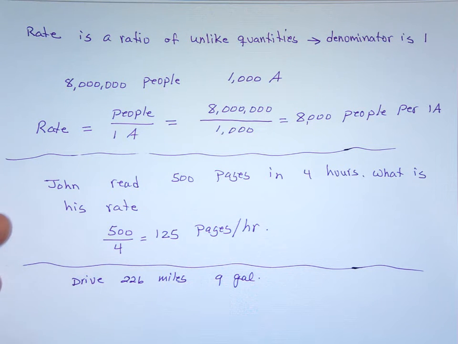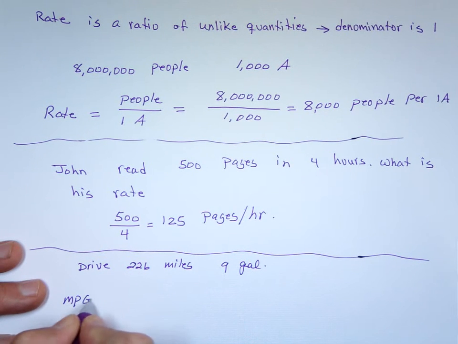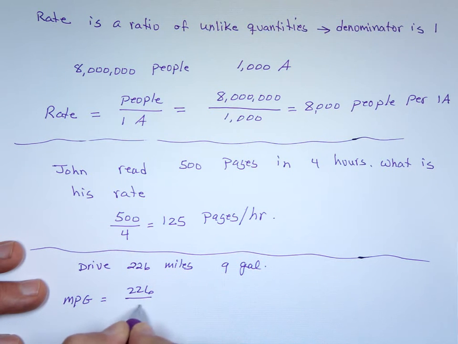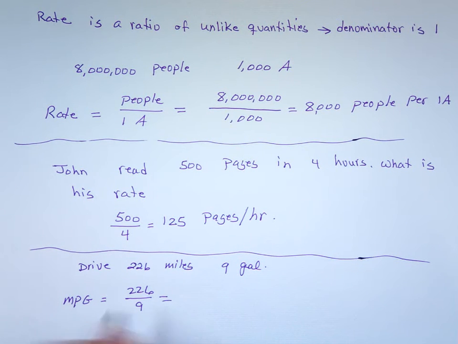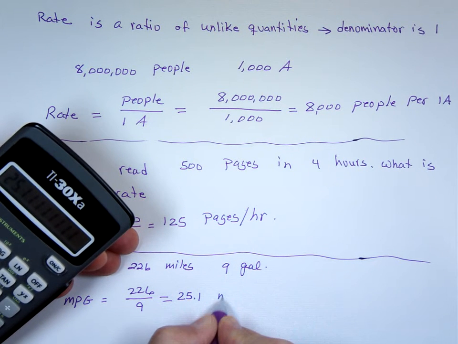So your car gives you a rate. Your miles per gallon is the 226 miles divided by what? 9 gallons. And divide them. That's the rate. 226 divided by 9, which is 25.1 miles per gallon.